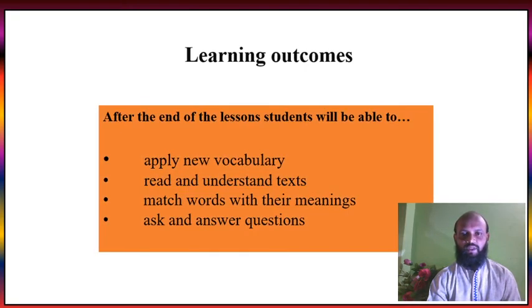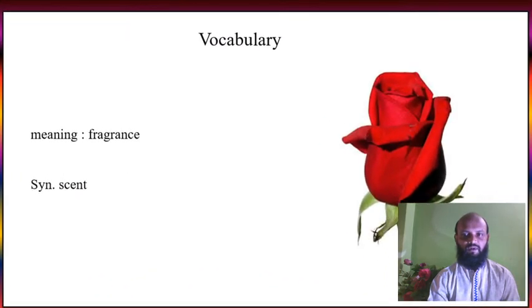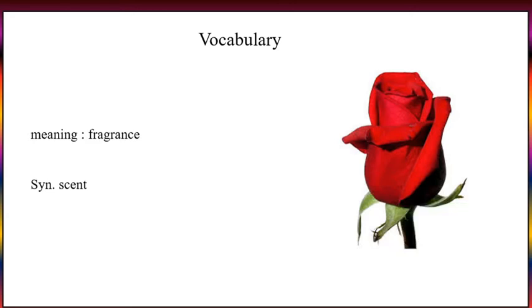First of all, as usual, we will learn some vocabulary. My dear students, I'm gonna hide my picture so that you can see these lessons easily. The first one is, you see a flower, we get scent, fragrance, and what else do we get from flowers?